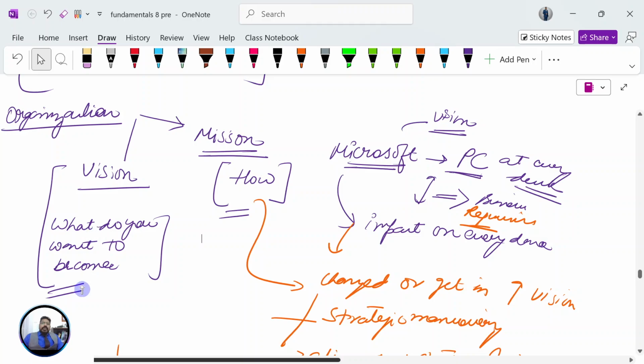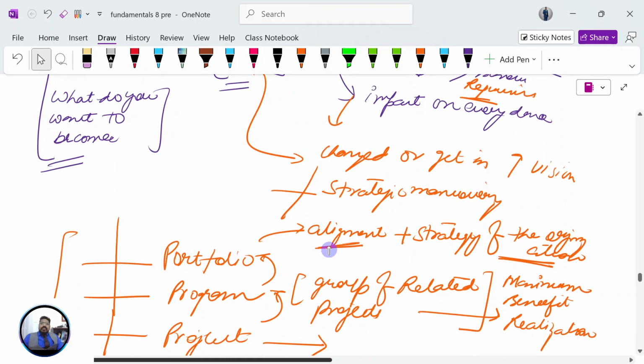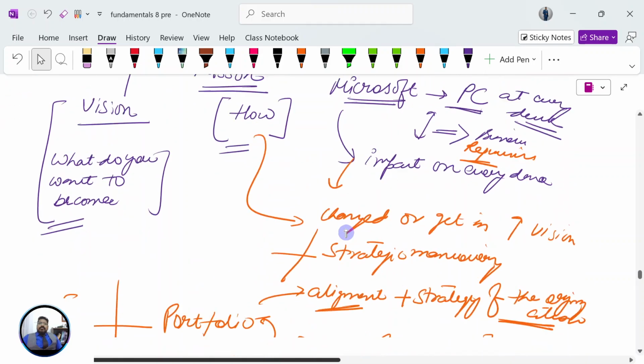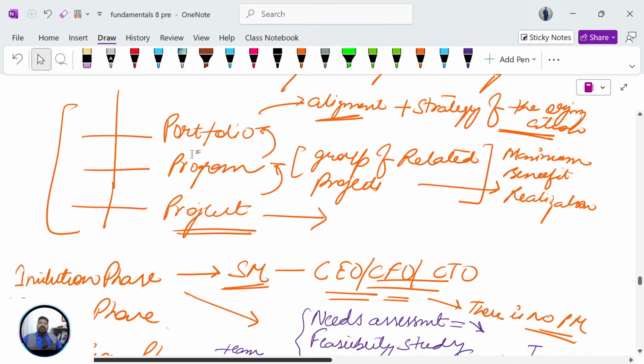Vision means what do you want to become, and mission, how do you want to become. Based on that, you create portfolios, projects, and programs. I gave an example of Microsoft, wherein their first vision was to have a PC at every desk, and then they changed their vision statement to the value of impact on every citizen of the world, something of that sort. They changed their vision statement quite a few times. So based on that, you define your portfolio, program, and projects.